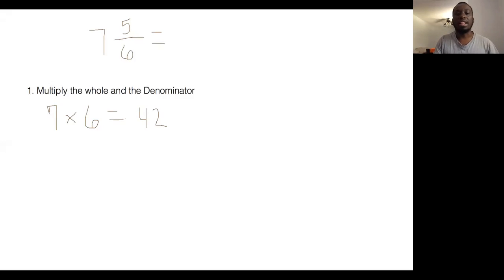Yes, that's step 1. Step 2 is add the product to the numerator. To the numerator.